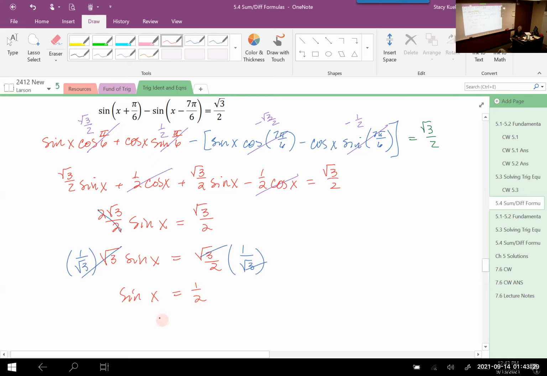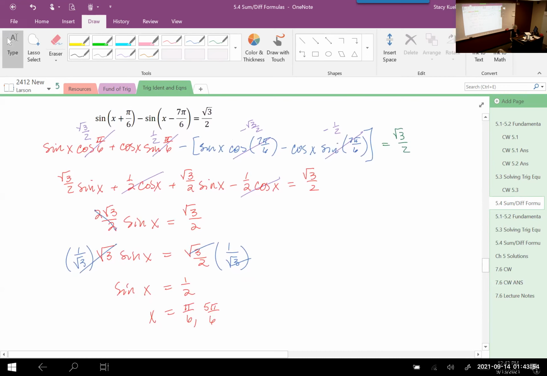And so we're only going on the interval between 0 and 2 pi. So I have 2 angles that when I take the sine of them, I get positive 1/2. That would be pi/6, and what else? 5 pi/6. Okay? So they got longer, didn't they?